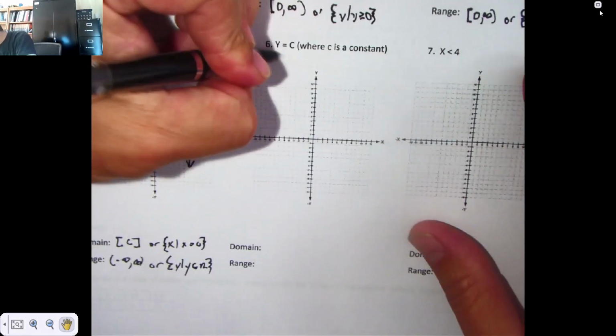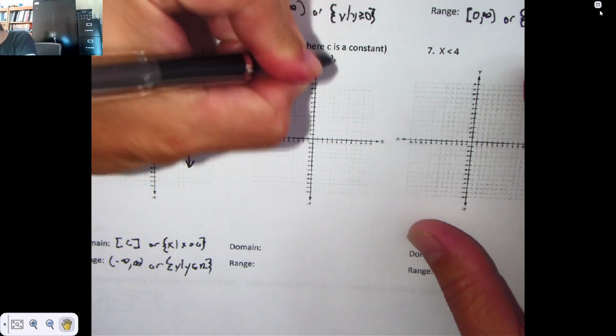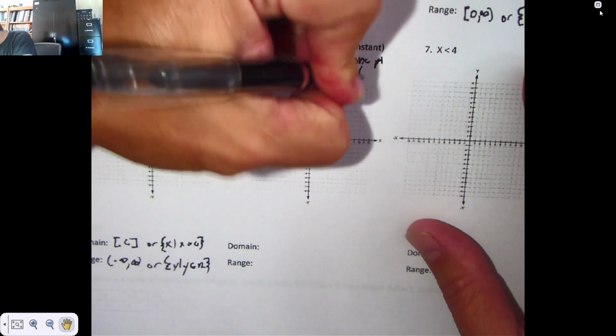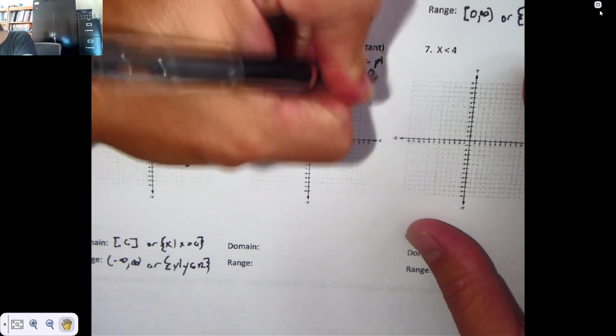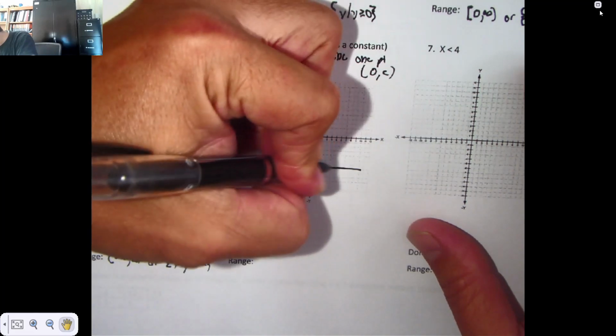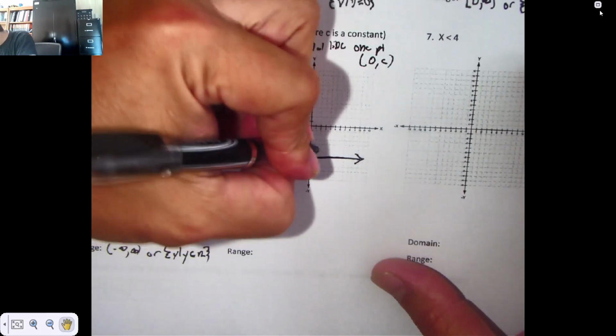And we have y equals c, which is the horizontal line. It has one point called (0, c). It doesn't matter where you put it, but you're going to draw a horizontal line, and your y-intercept is (0, c).